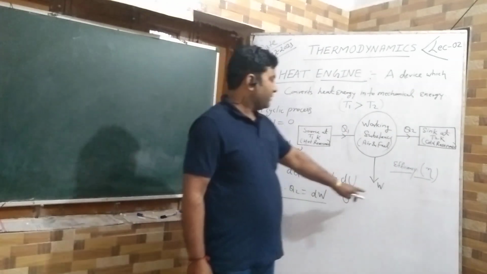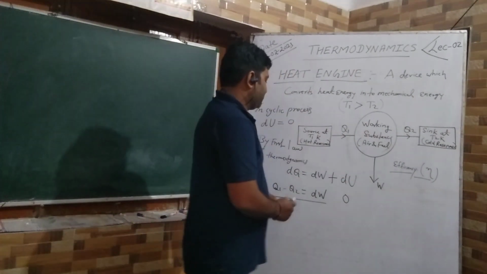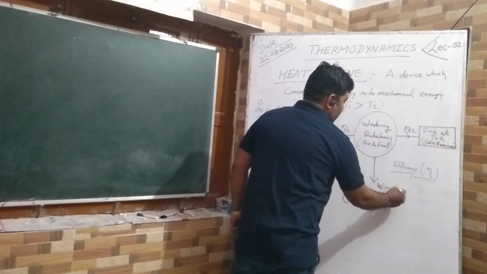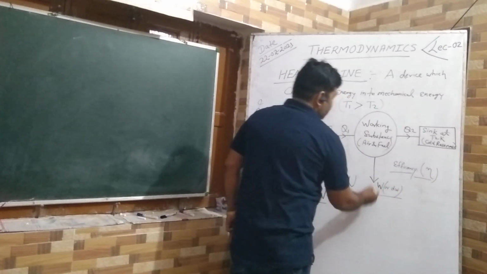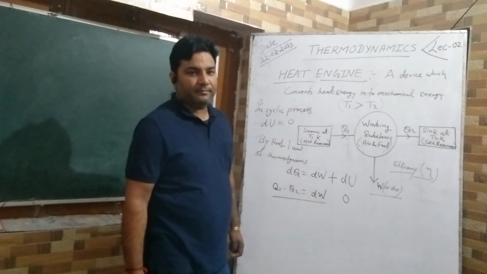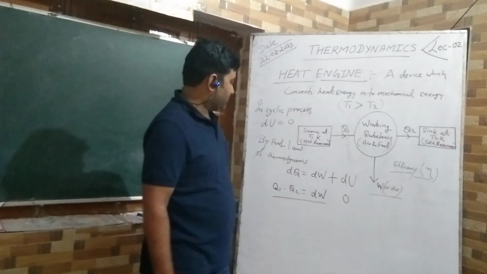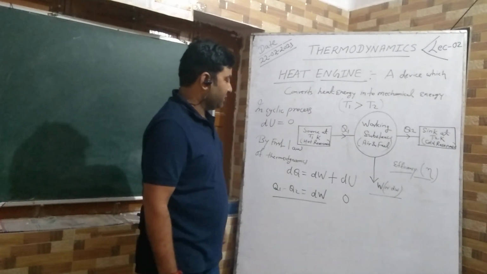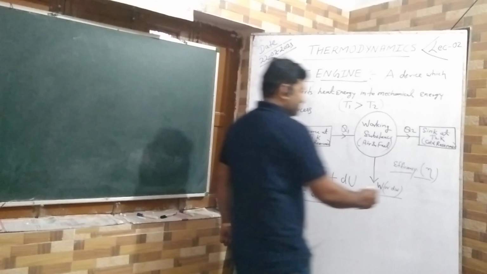Output here is work, W or dW, no matter. And input means dQ, that is Q1 minus Q2. Clear?